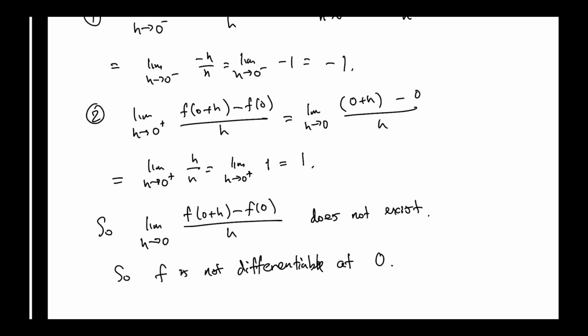Now, other functions we could cook up, just imagine drawing a couple of squiggles, like a W shape or something, could fail to be differentiable at multiple points. And you could keep that game up so you can make a function fail to be differentiable as many times as you desire. But it can be okay at one point and not okay at others.